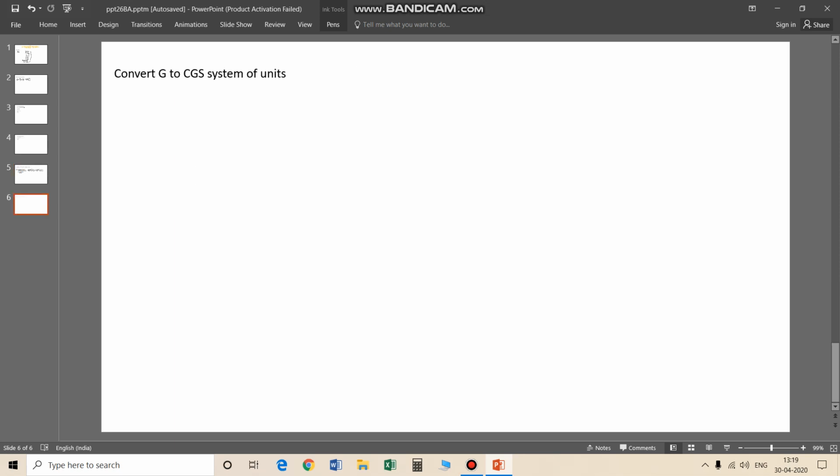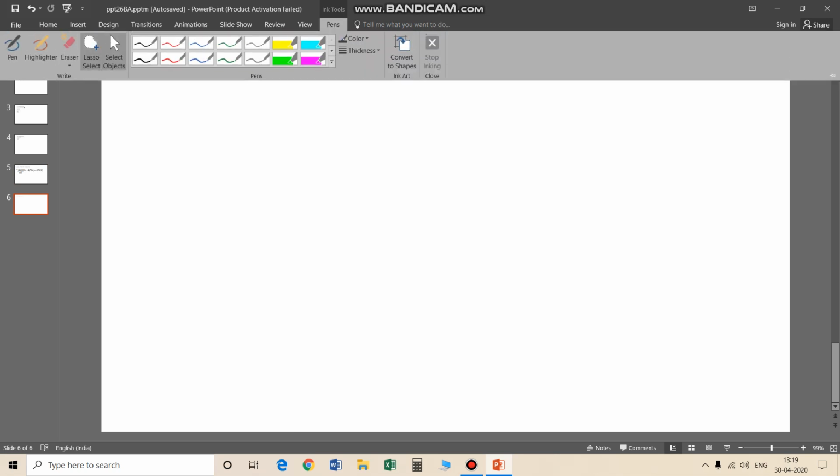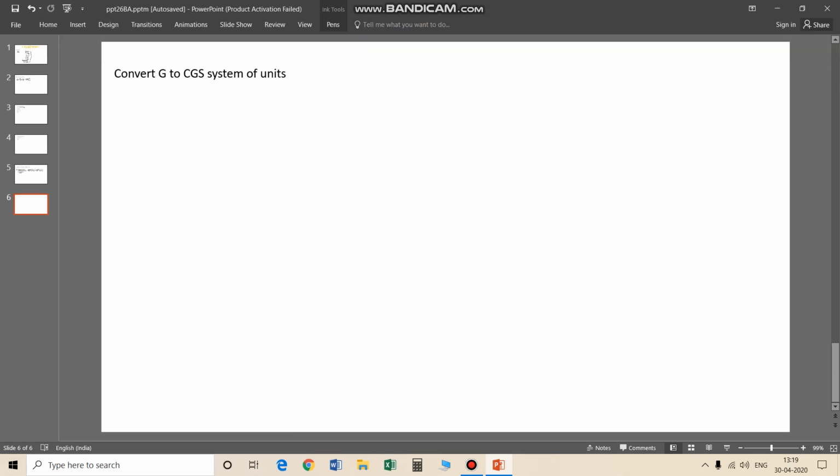This is the next question: convert G to the CGS system of units. First, let me write the value in the SI system. It's 6.67 into 10 to the power minus 11. I'm only writing the magnitude because if I write the unit, you can easily know the answer.